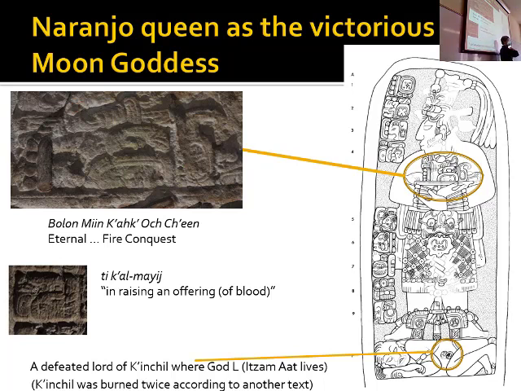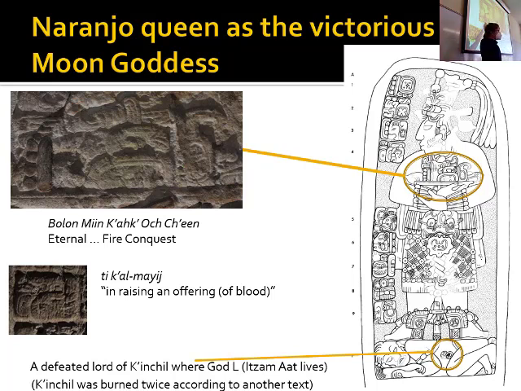And actually, this monument is going to be in the Met Museum for the next 2 years as a loan from Guatemala to the United States. And it shows the queen dressed as the moon goddess. And guess what? There is a naked, unfortunate fellow under her feet. He is the ruler of Quinchil. And Quinchil was burned twice, we know it from a different text, and conquered shortly before that image happened.